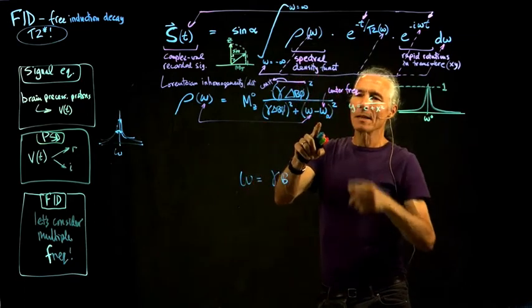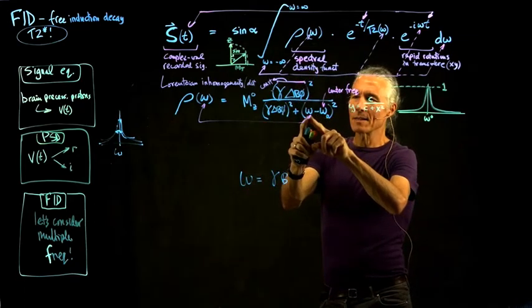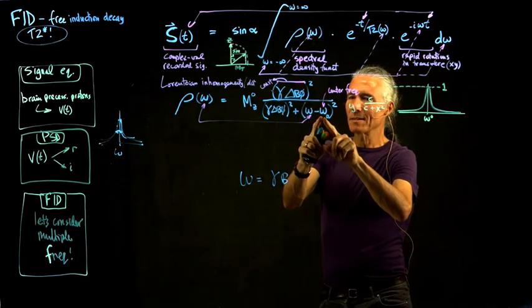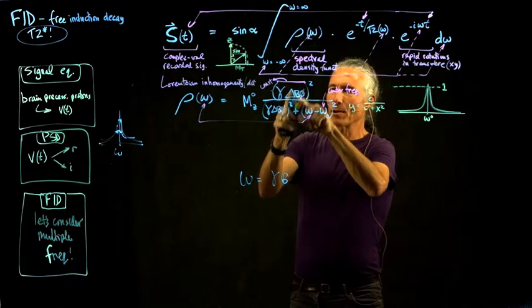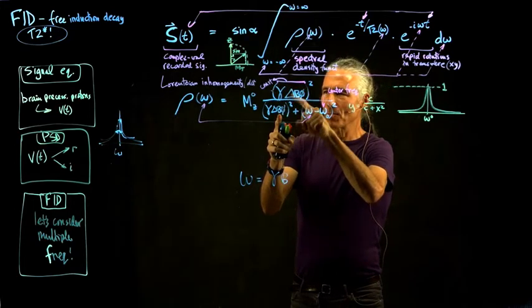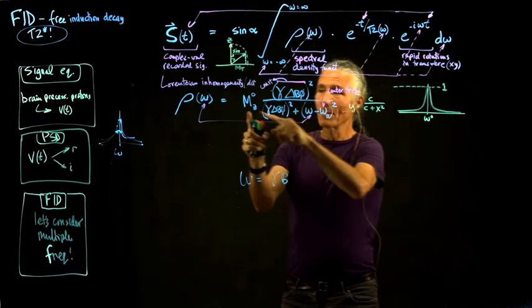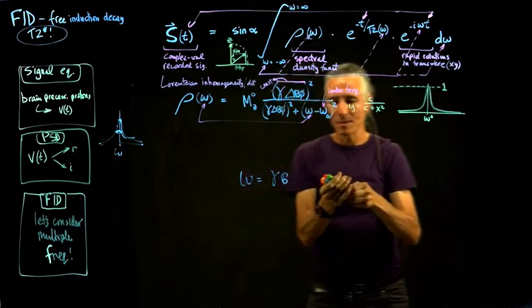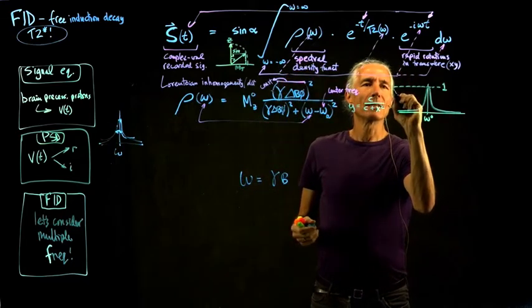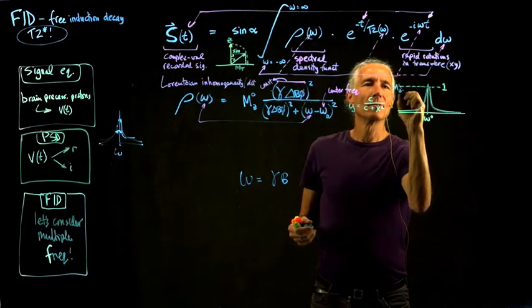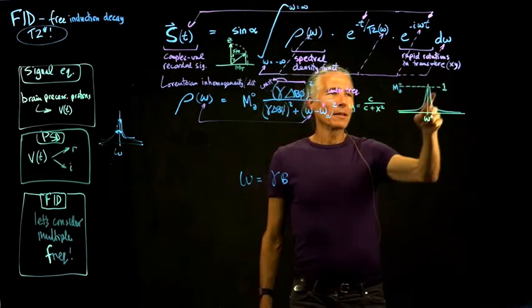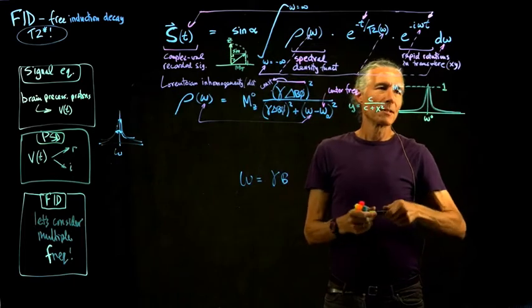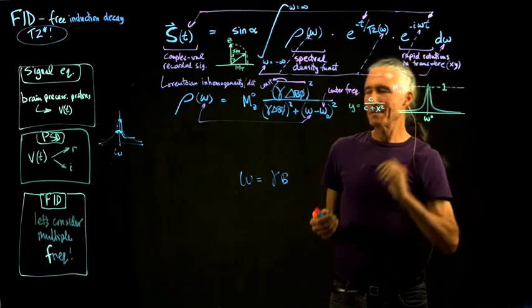If we're at the center frequency, then omega minus omega 0 is 0, and so you just have this thing squared over that thing squared. That's 1. But then we multiply by Mz0, so the peak is Mz0. It's 1 before we multiplied by it.